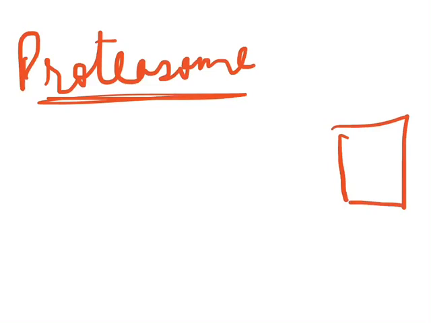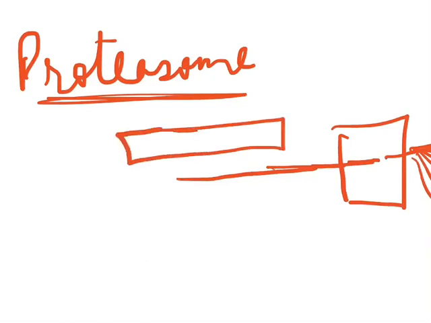The protein enters the proteasome, and there will be certain polypeptides. Say this is a long protein of 300 amino acids. It will get fragmented into its constituent amino acids. Those amino acids will be reused by the cell machinery to synthesize the new proteins, right?